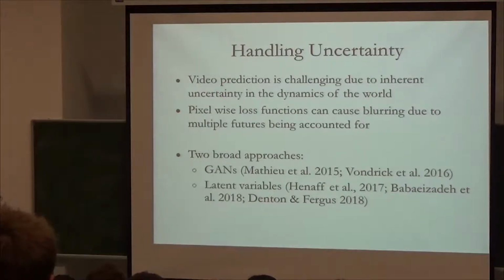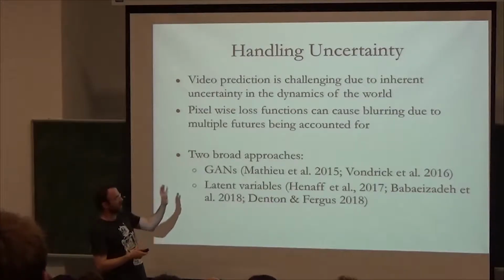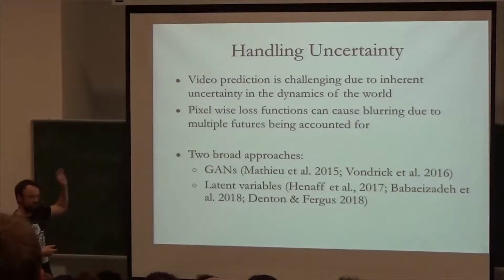There's inherent noise and uncertainty in the world, so there will be many possible futures that are all reasonably plausible. You need some way of handling this in the model, and a loss function.